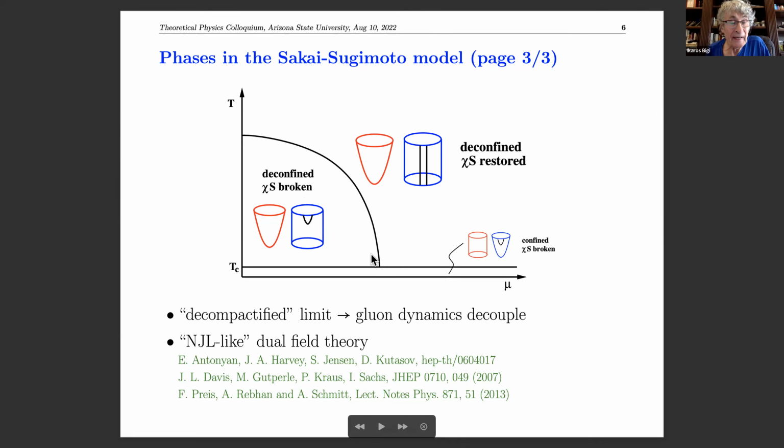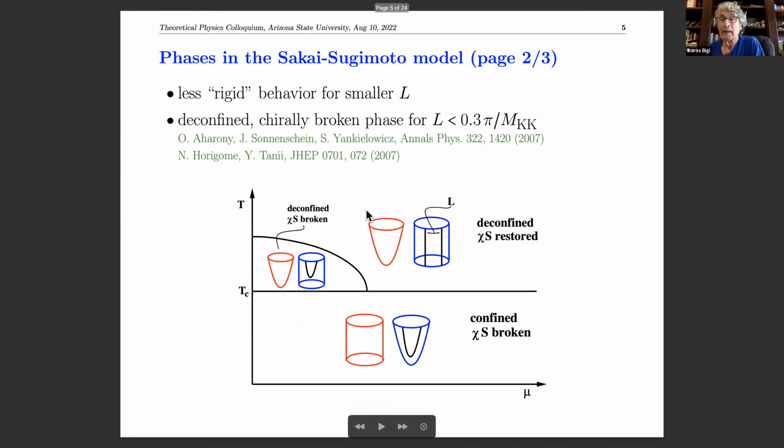One question here, slide 5 before. What is KK? Okay, so I put this condition here. MKK is the Kaluza-Klein mass. And you can think of this as, well, the inverse of the Kaluza-Klein mass is the radius of this compactified dimension. Oh, okay, thank you.